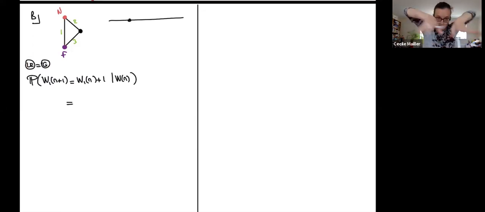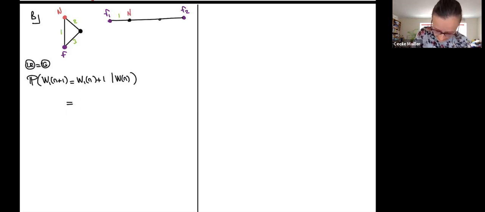I'm going to open my graph by dividing F into two nodes, which I'm going to call F1 and F2. F1 is going to be the one that is linked to edge 1. So my source of food and my nest, sorry, is here. And F2 is going to be the one that is at the end of the long path, 2 and 3.